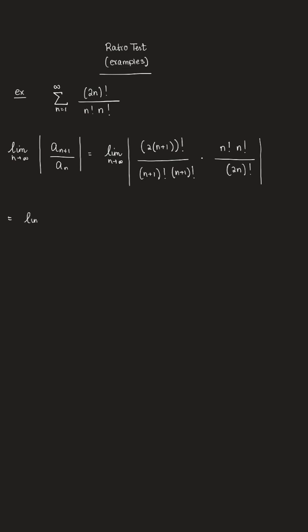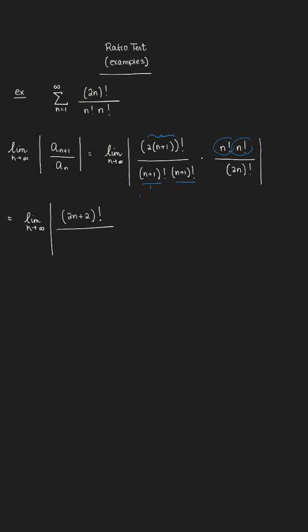All right, so we've got the limit as n approaches infinity, absolute value. Here, I'm going to distribute that so that we write it as (2n plus 2)!. And the bottom factorials, I would like to be able to cancel with those n factorials, so we can rewrite each of these.